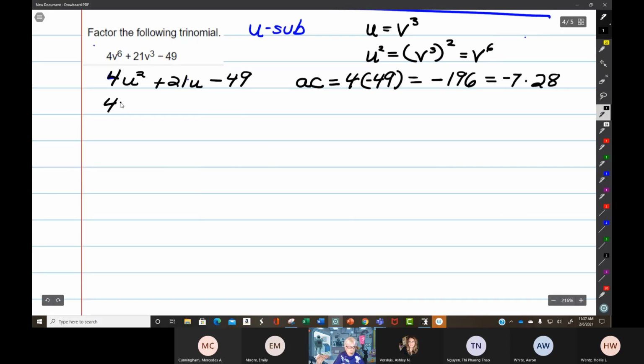So we'll have 4u squared minus 49, and the positive 21u is going to break up into positive 28u minus 7u. And that's what we have to work with.